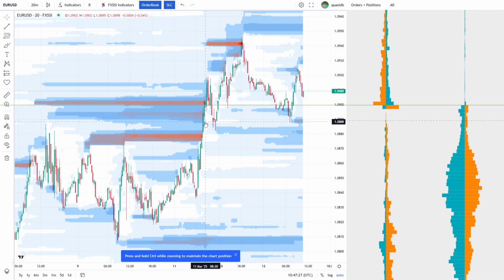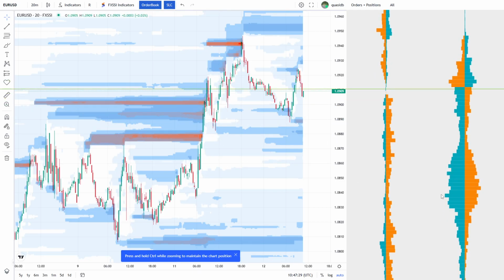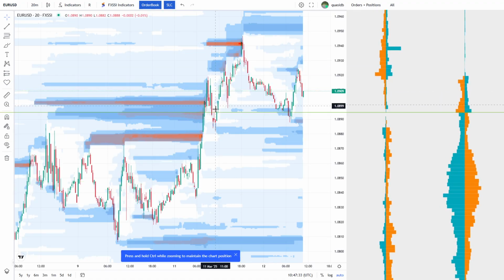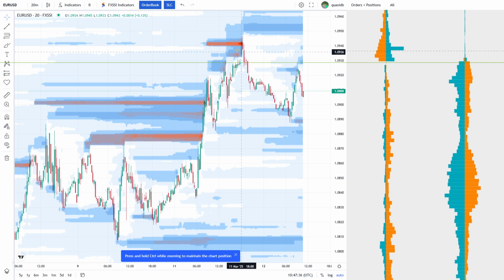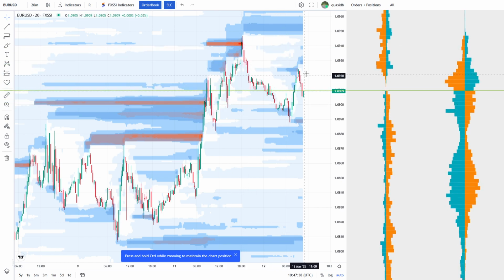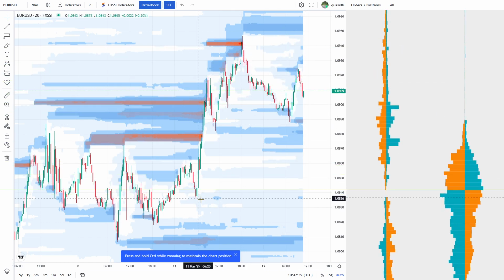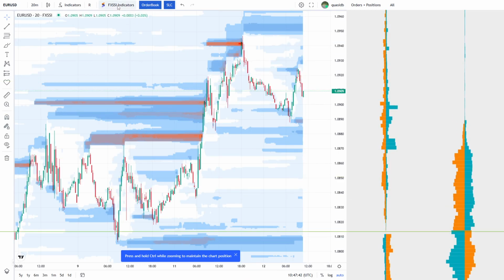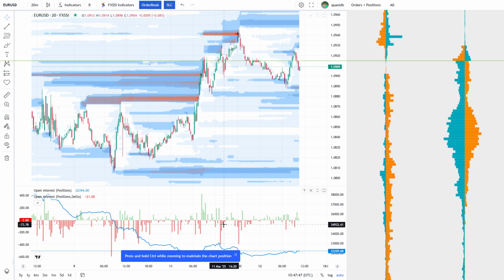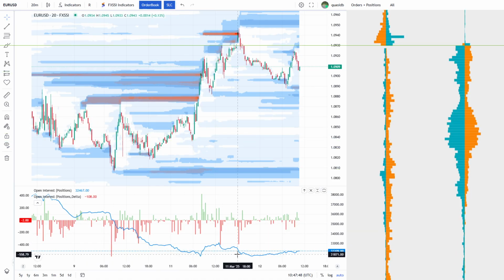And by doing so, see how it overwhelms. There's more sellers than buyers. See that bit there? They hold on, they're going to get punished. And then obviously with the reduction of the open interest, we saw that these guys got squished, so we could be seeing a reversal. You can have a look at open interest positions as well, which is really cool. It's a big reduction of open interest as well.